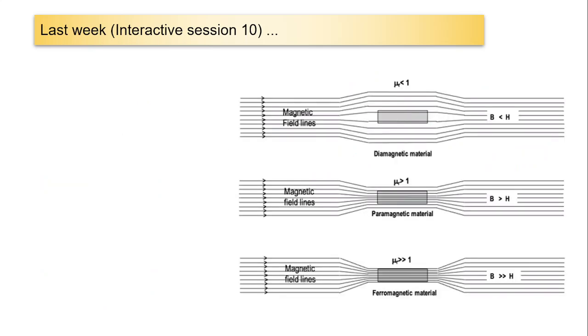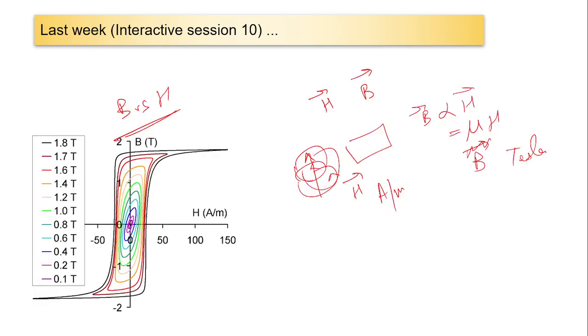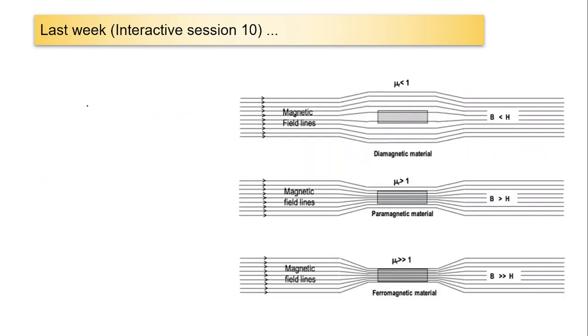We had seen that permeability is the ability of a material to get magnetized. The permeability can be negative, and when it's negative, that means the substance is not allowing the magnetic field lines to pass through it. This is usually shown by diamagnetic materials.